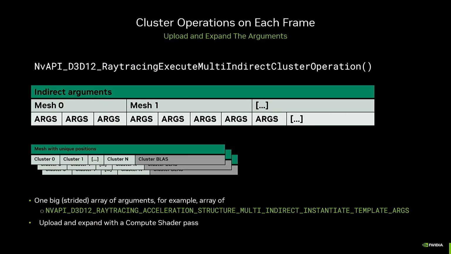To do this, the information on the CPU is uploaded and expanded with one compute shader pass for each of these 3 operations. The clusters created from the same mesh share many of the arguments needed in the template or cluster arguments, or the values can be trivially evaluated based on the cluster index.